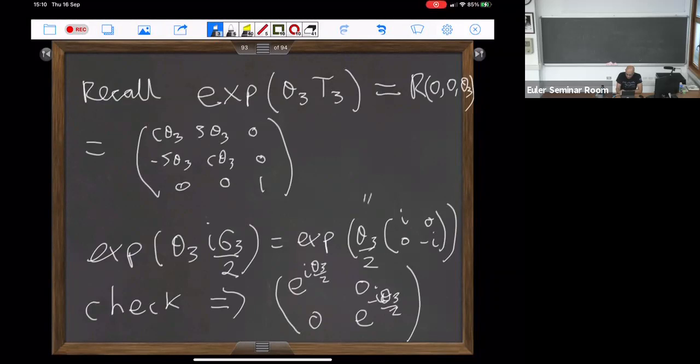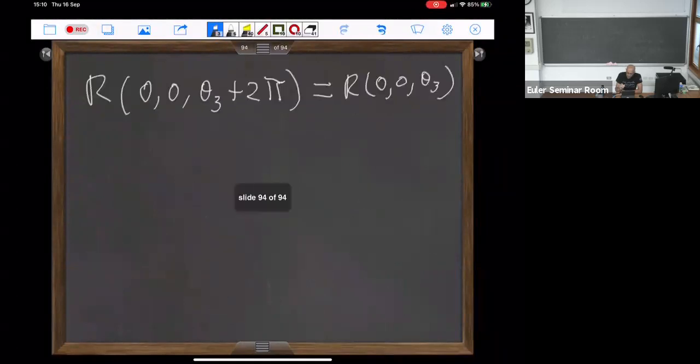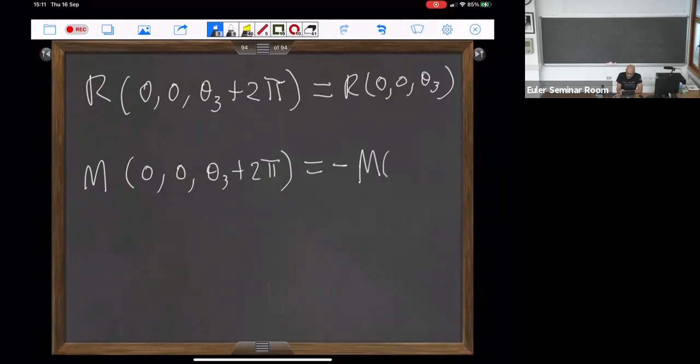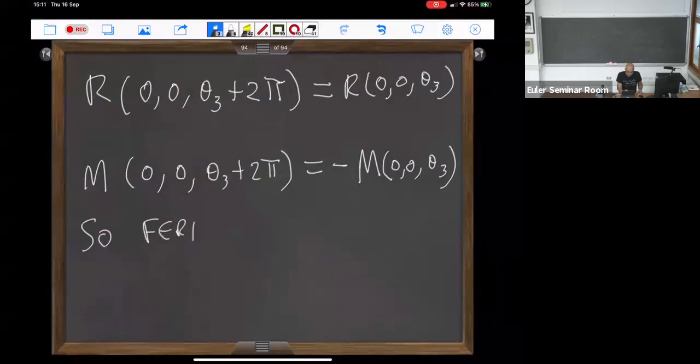Let me define this thing as m of 0, 0, θ3. Now, if I do the same thing in this two-dimensional representation, I get a minus sign because of the factor of 2. So fermions change sign. I mean, not fermions, but spinors.